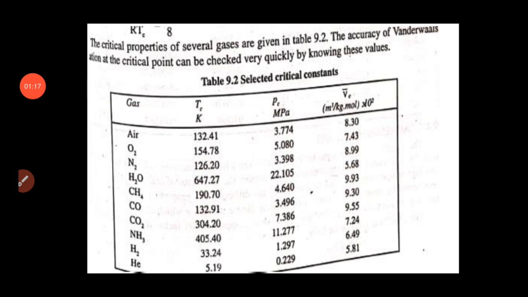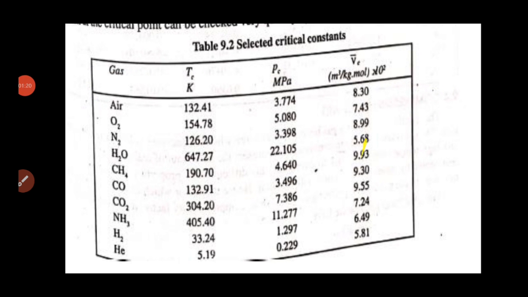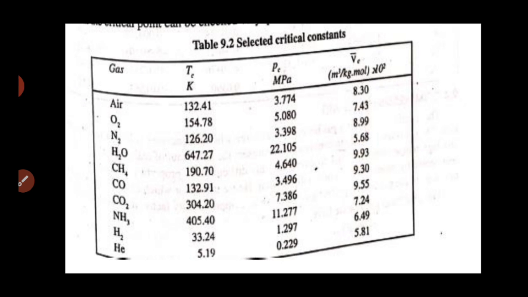Now looking at this table where the TC and PC, that is critical temperature and critical pressure, are given, you can see NH3, ammonia, is given, that is 405, that is TC, in the third row from the bottom, NH3. So TC is 405 Kelvin and PC is 11.277 megapascals.